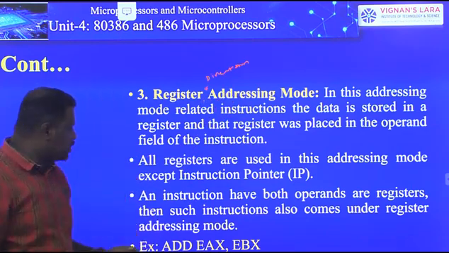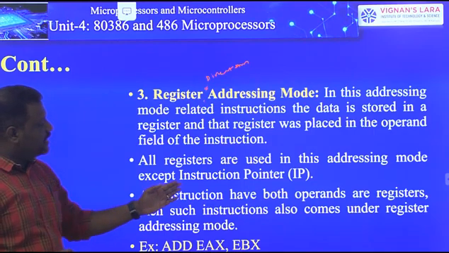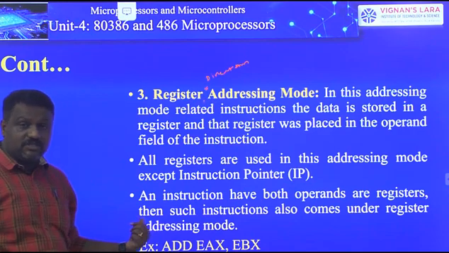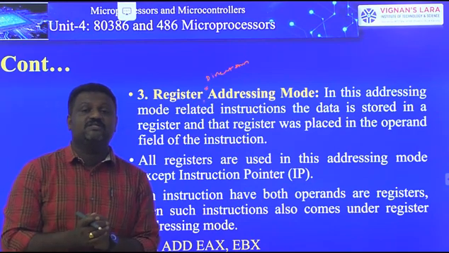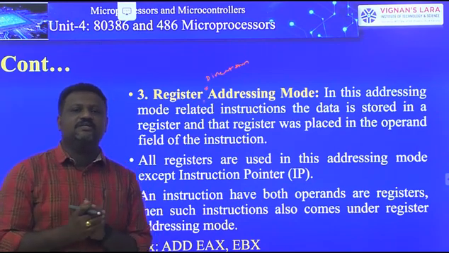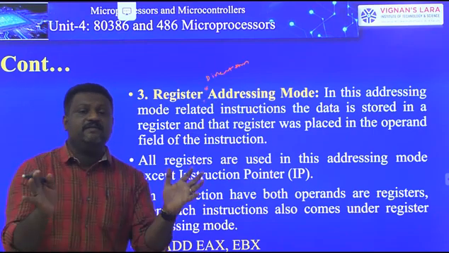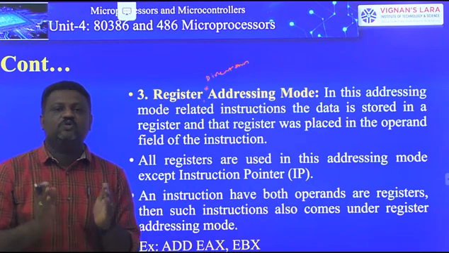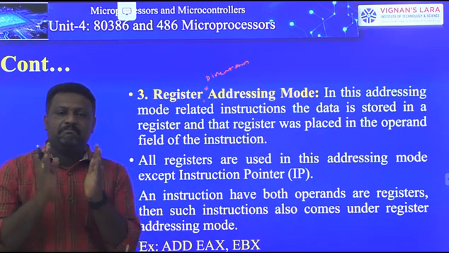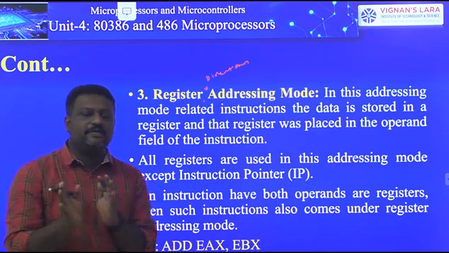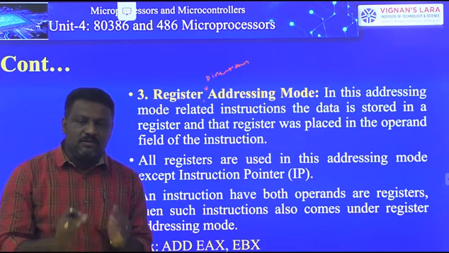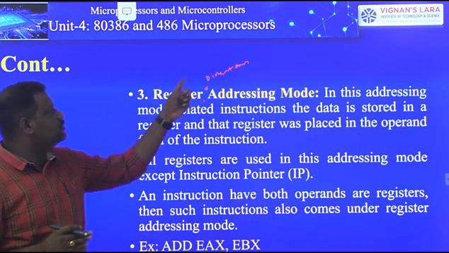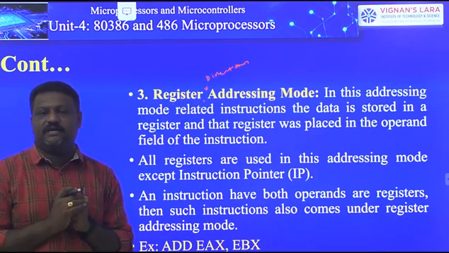Or I can say it in another way: if an instruction has both operands as registers, then such instructions also come under register addressing mode. Every instruction has a source operand as well as a destination operand. So once an instruction has both source and destination operands as registers, no doubt that instruction also comes under register addressing mode or register direct addressing mode.